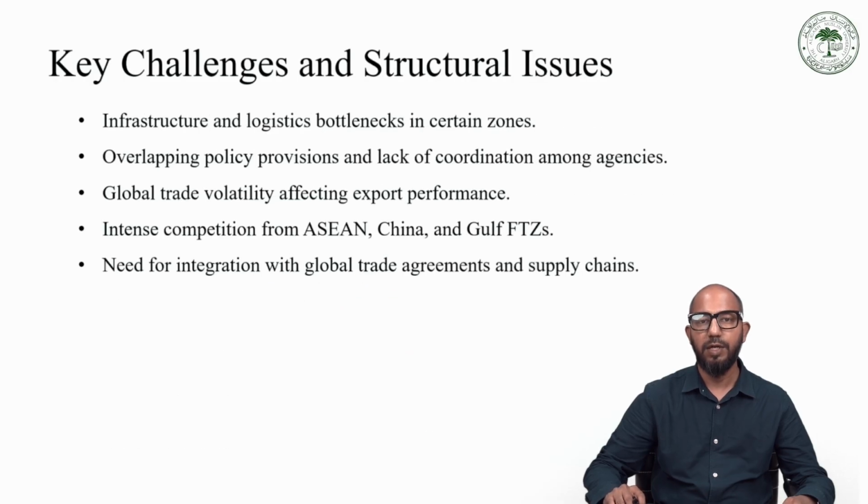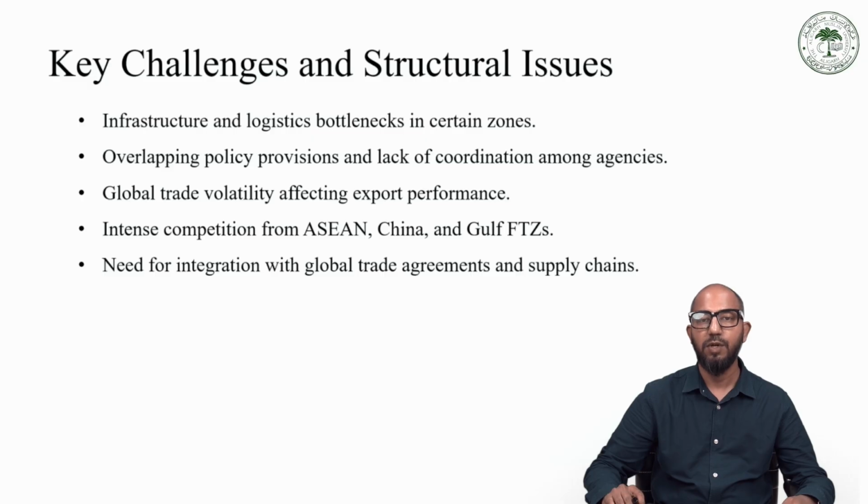Let us now try to see what are the key challenges and structural issues. One of the first key challenges is infrastructure and logistics bottlenecks in certain zones. We all know that certain zones are better and certain zones require improvement. Thus, there may be differences in the infrastructure and logistics arrangements.